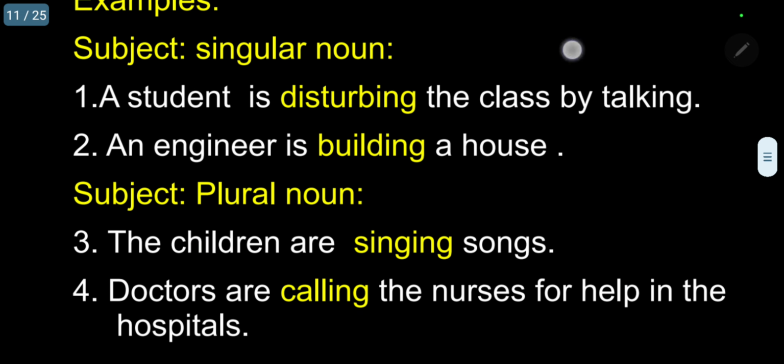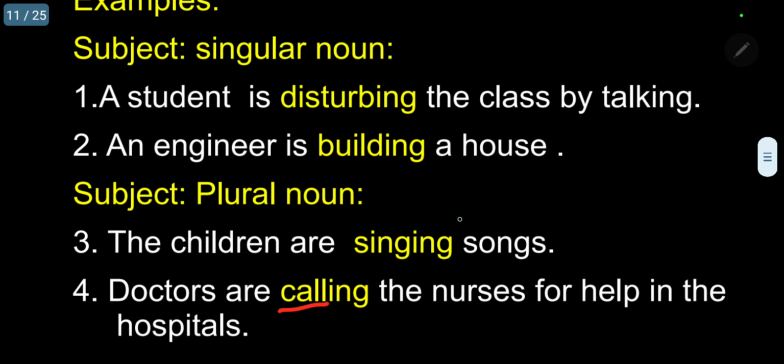So call, L is the end letter, then another L is the consonant. So in all cases, you are seeing here, kindly follow, B, D, L, G, L, all these letters, we are only adding ing.